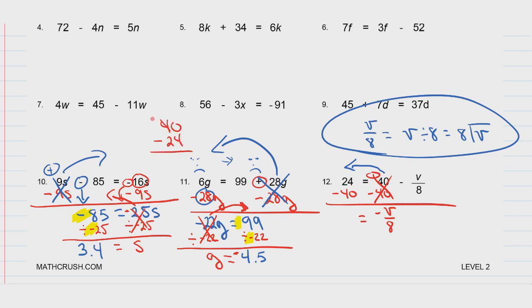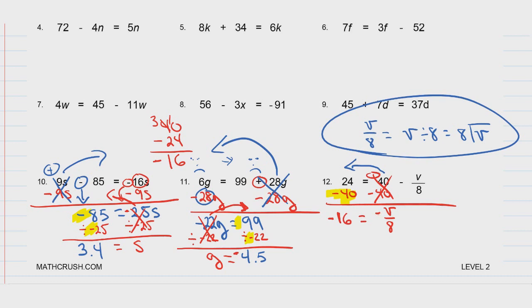Well, we're going to borrow from the 4. It becomes a 3. The 0 becomes a 10. 10 minus 4 is 6. And 3 minus 2 is 1. The bigger number was 40, and it's negative, so this must be negative 16. When you're adding and subtracting positive and negative numbers or integers, you take the sign of the bigger number. So since 40 was bigger, we have a negative 16.